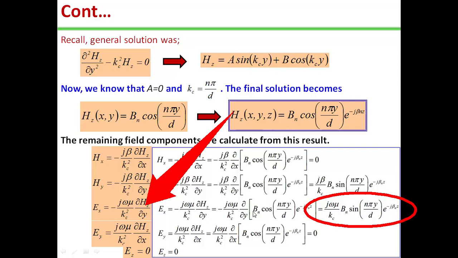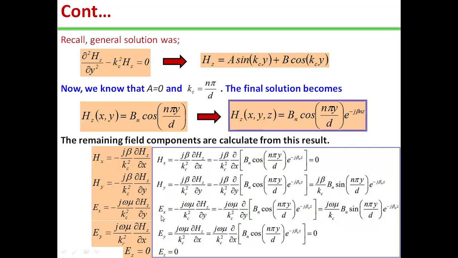When we differentiate with respect to y, we will have kc sin(n pi y by d), and kc will be cancelled out, the sin term will remain there. The cos differentiation gives a minus sign, so minus minus will be plus, so that's why we are getting j omega mu divided by kc Bn sin(n pi y by d) e to the power minus j beta n z.